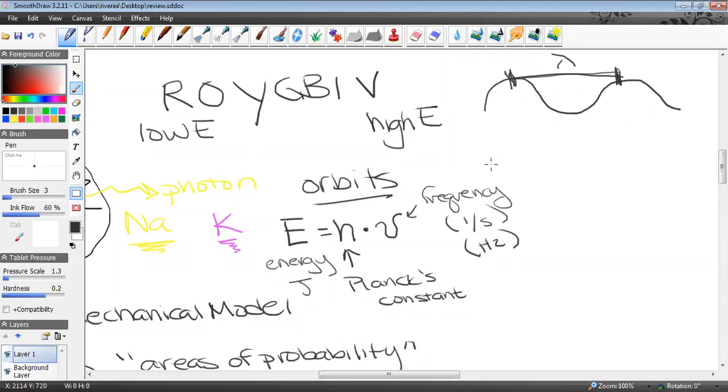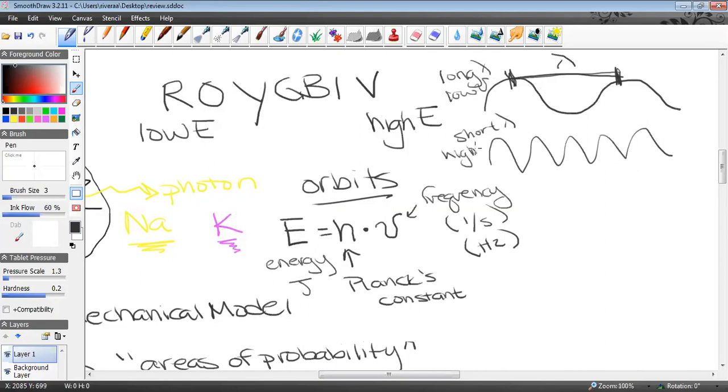If I had a wave with a much shorter wavelength, it has a much higher frequency, because over the same period of time, this wave repeated itself like 4 times, and this wave only repeated itself once. So this wave has a long wavelength and a low frequency. This one has a short wavelength and a high frequency.